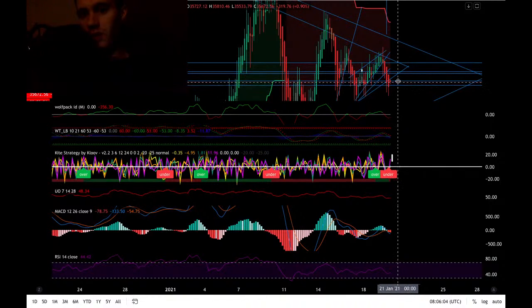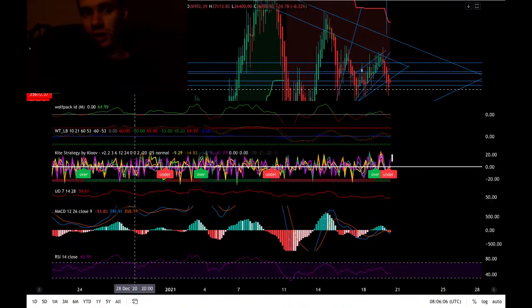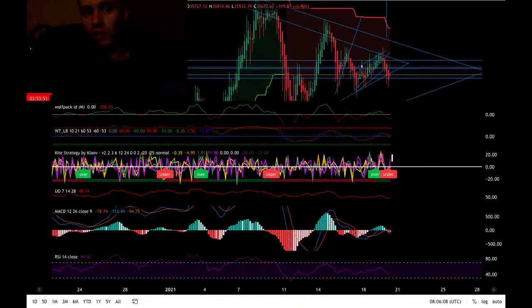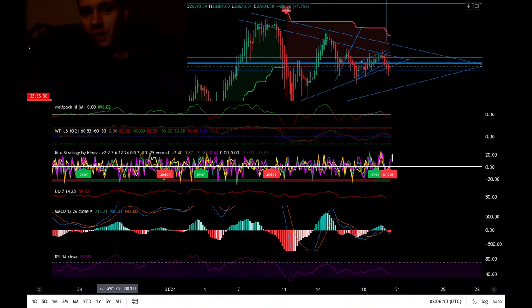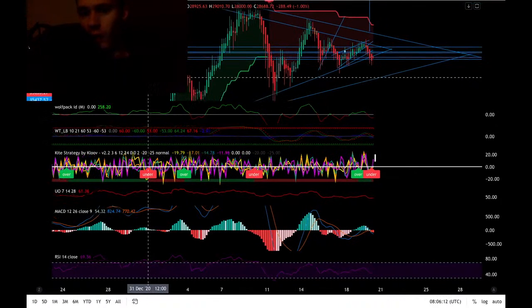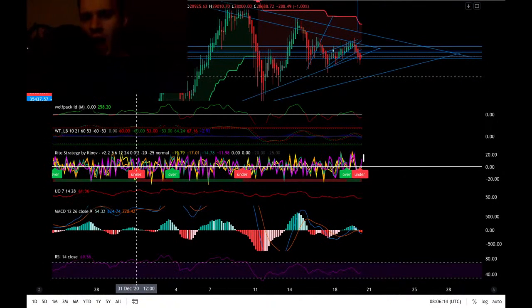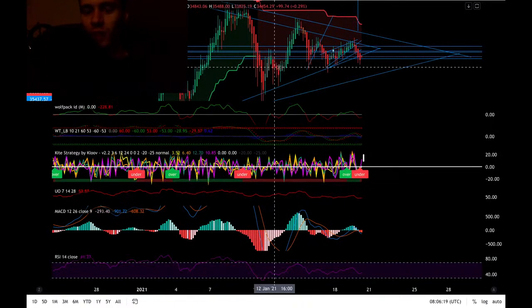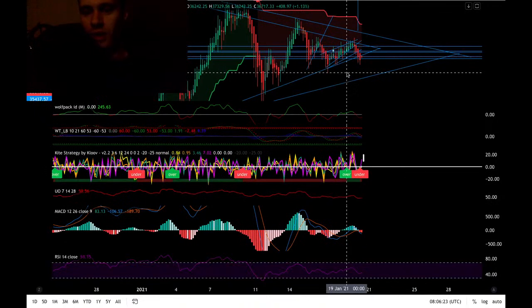So we've seen this plenty of times in the market, and I get that volume has been insane compared to how we were seeing it when it was at 11,000, 12,000, and we would see these patterns and they wouldn't play out because there wasn't any volume.